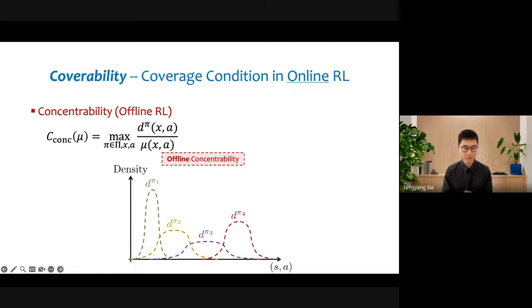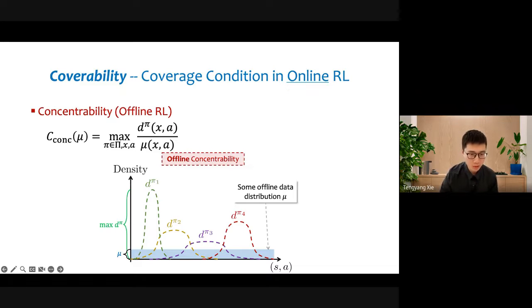For example, if our policy class has 4 different candidates, where the x-axis denotes different choices of state and action and the y-axis denotes the density, let this blue shadow be some offline distribution mu. Then the offline concentrability is roughly the ratio between this max density and the density of mu. Okay?